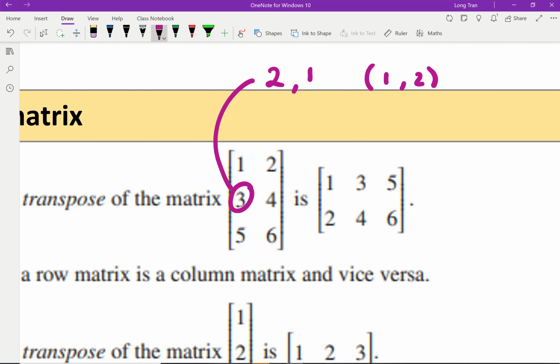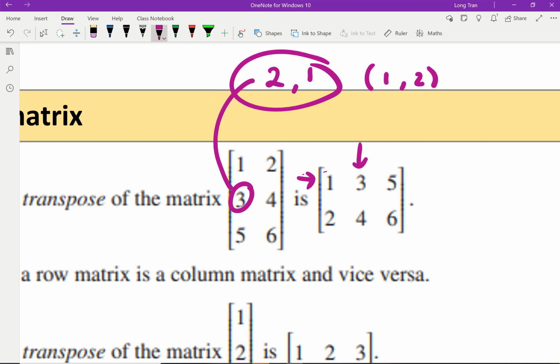That's what you should expect. So when you swap it, you notice it's now row 1, column 2. If you understand the idea, you're swapping: wherever the X was now becomes Y, and wherever the Y is now becomes X. That's essentially what you're doing. So it's not only just the dimension, but it's also the positioning of each element.